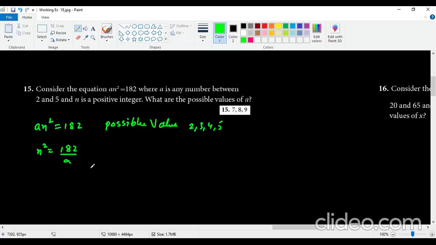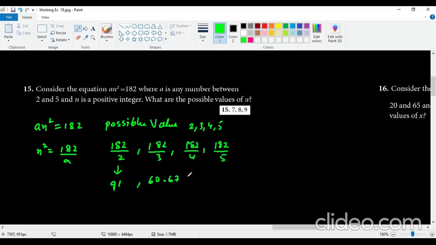So 182 over 2 and 182 over 3 and 182 over 4 and 182 over 5. So the first one is going to give us 91. Second one is going to give us 60.67.